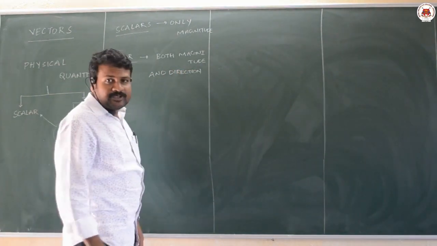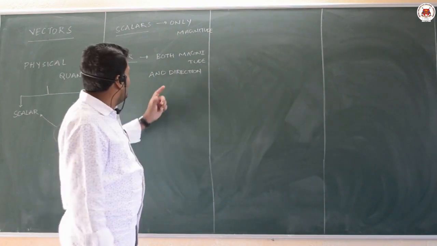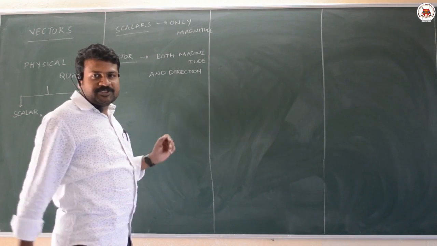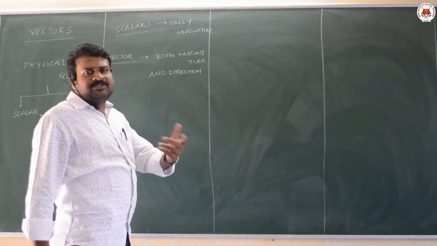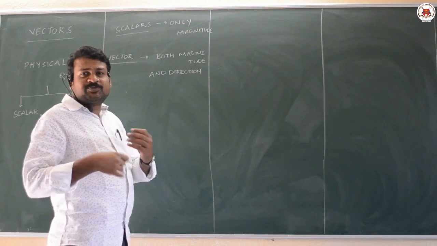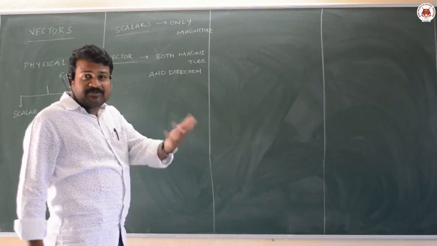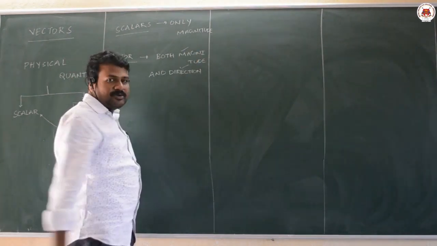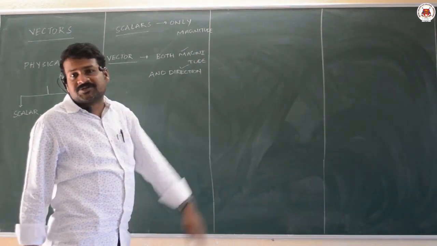And strictly speaking, if you want to write the exact definition of a vector, any definition in physics should have complete meaning. You should include the exceptions also. There are some physical quantities which have both magnitude as well as direction, but they are not considered vectors.